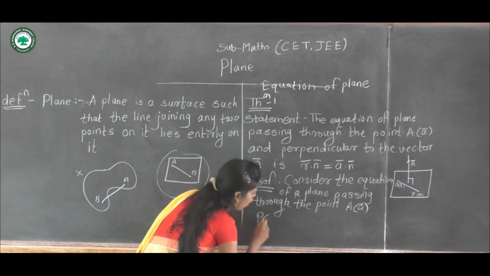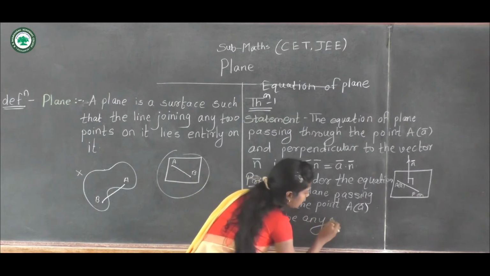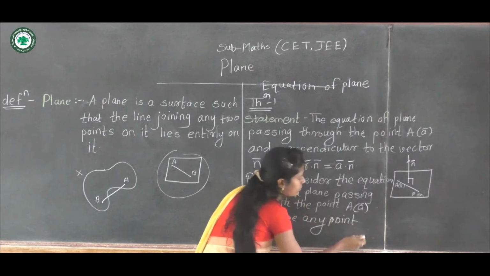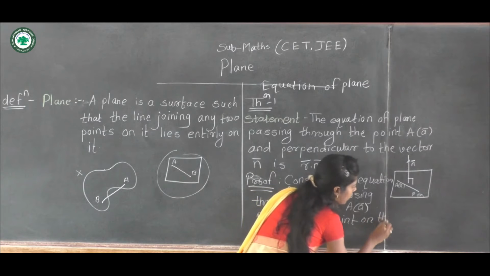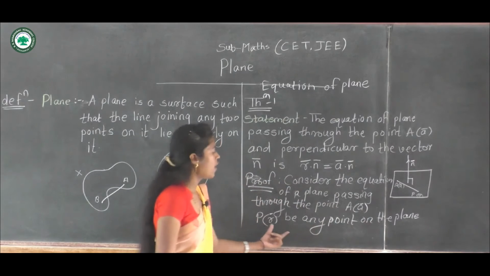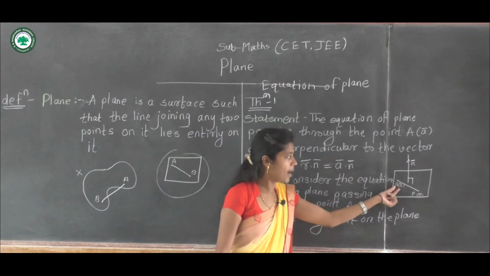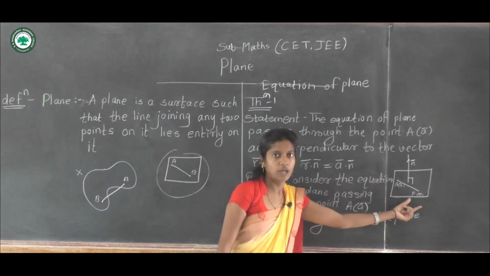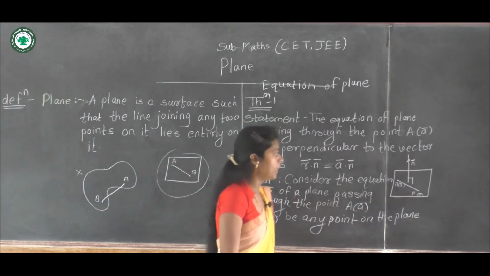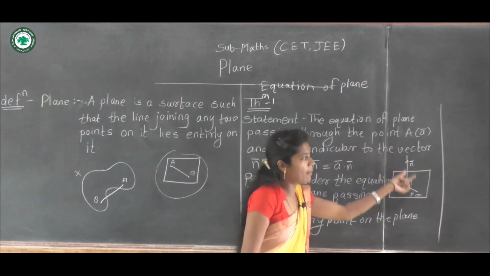Take P of r bar to be any point on the plane, and join A of a bar and P of r bar. It means line segment AP, and in the figure we can see AP is perpendicular to the normal.